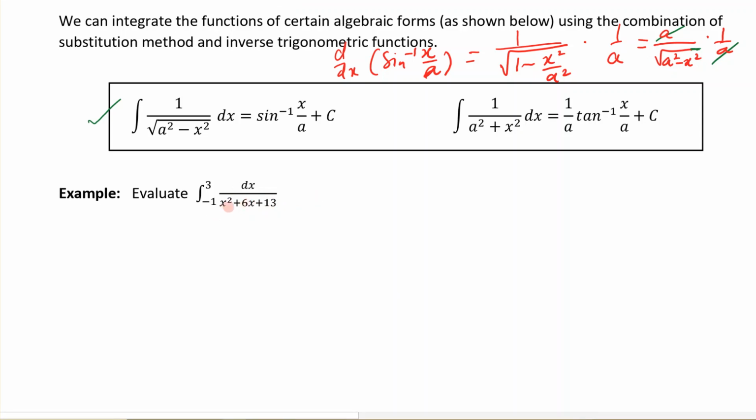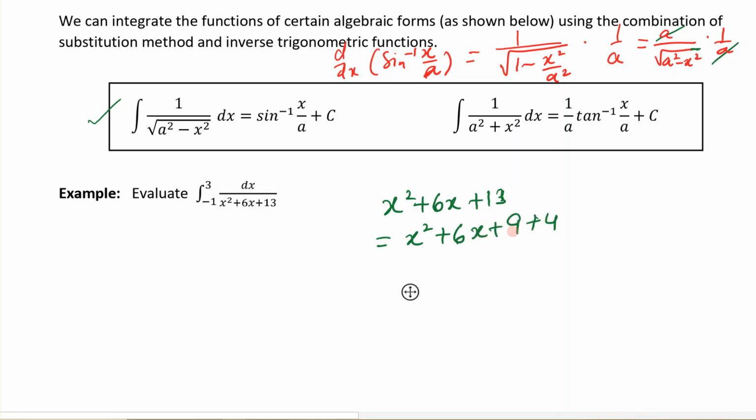However, if we try to write the denominator in a new way, we can see that it fits one of these forms. You can think of x squared plus 6x plus 13, the denominator, as x squared plus 6x plus 9 plus 4.